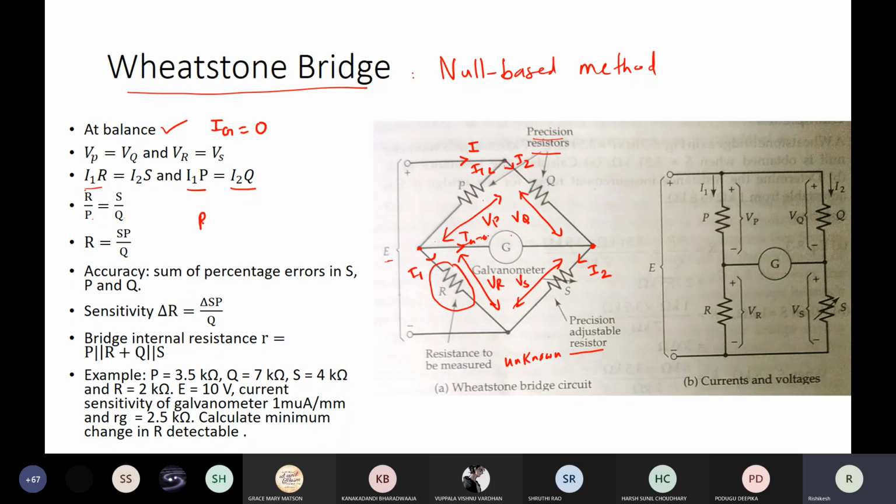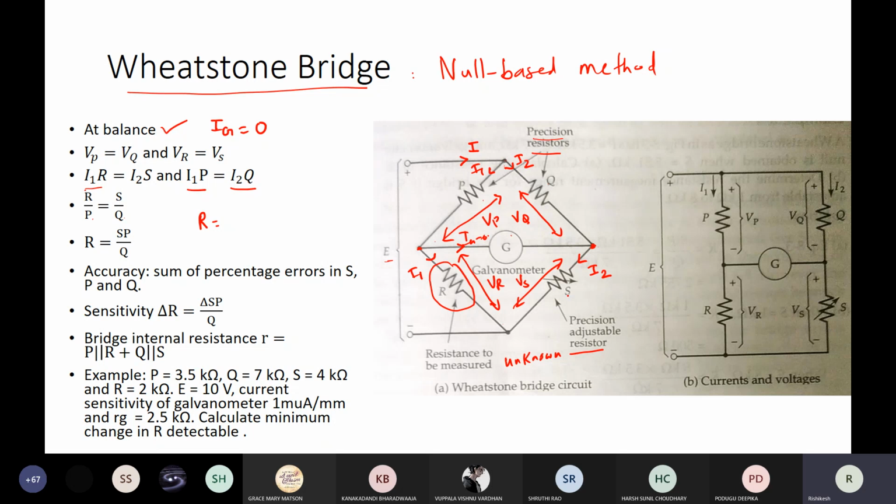So the unknown resistance R is expressed in terms of known resistances S, P and Q. Since P and Q are fixed, R is in terms of the variable resistance S. The moment you place the unknown resistance here, you don't know R, so there is an unbalanced condition with a non-zero potential difference, and the galvanometer shows some non-zero deflection.